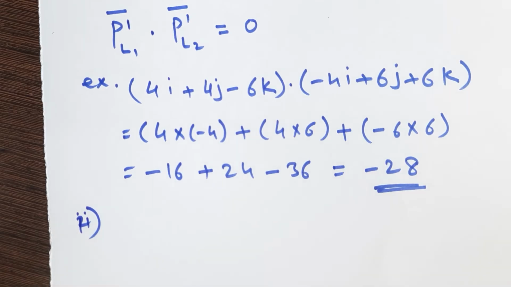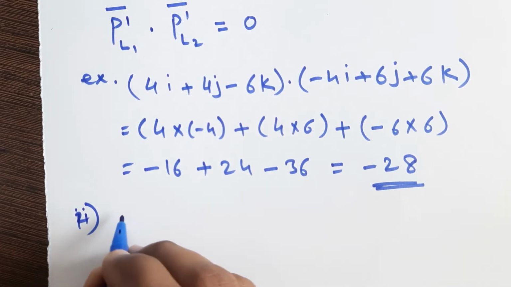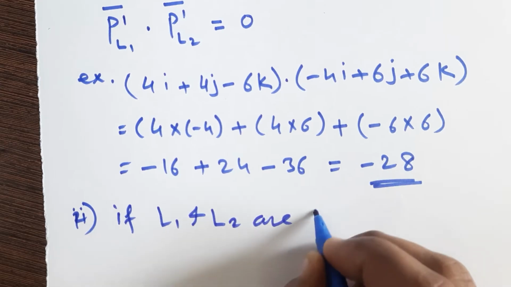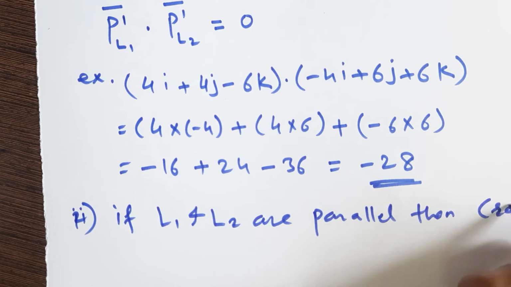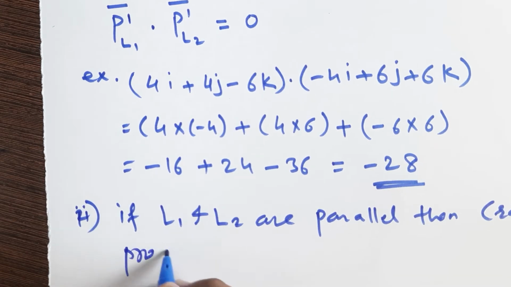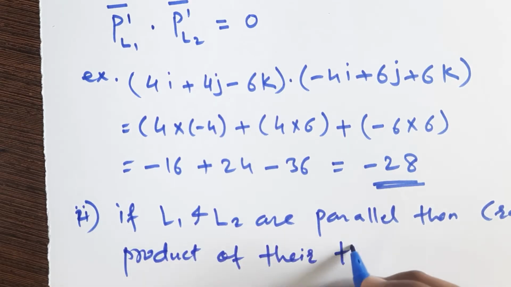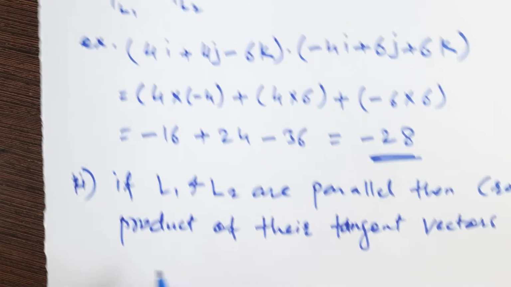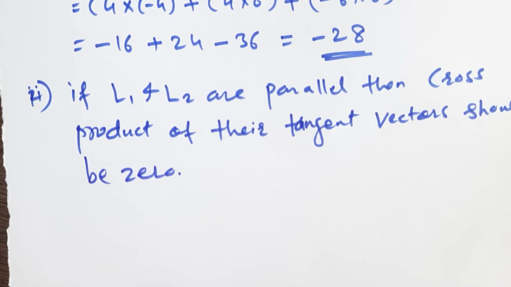If two lines L1 and L2 are parallel, then the cross product of their tangent vectors should be 0.